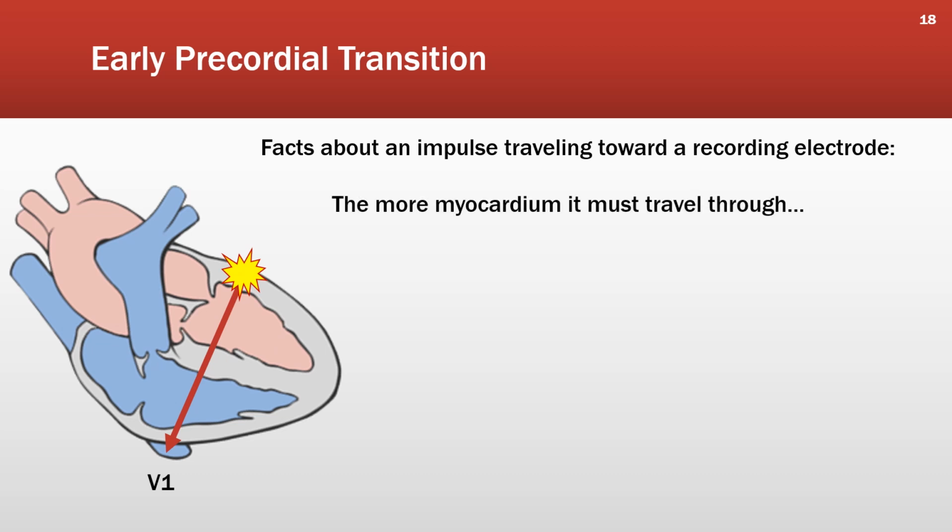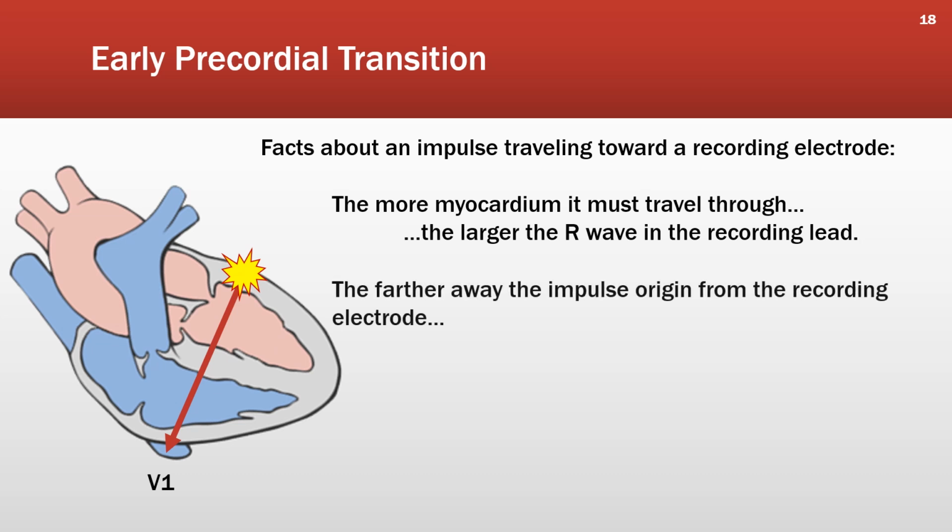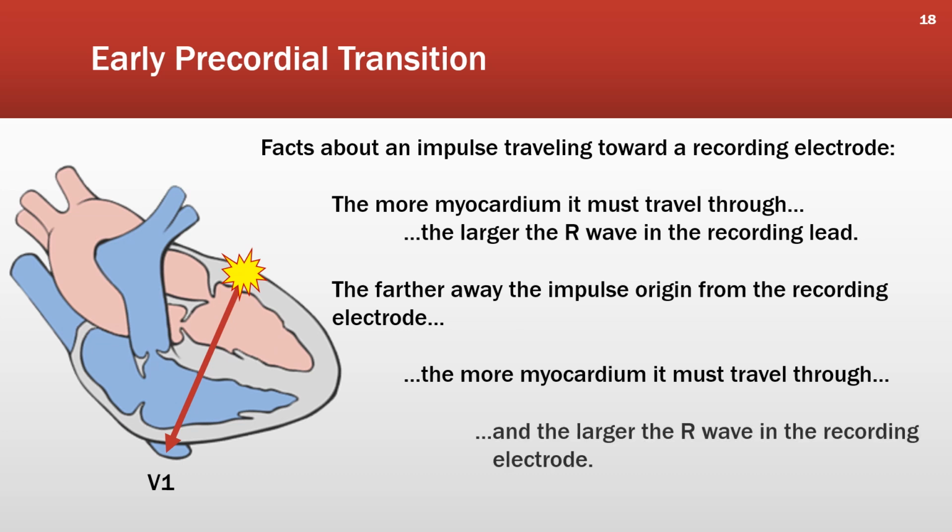The more myocardium an impulse must travel through, the larger the R wave in the recording lead. Now, the farther away the impulse origin is from the recording electrode, as in this example here, the more myocardium it must travel through, and the larger the R wave in the recording electrode.